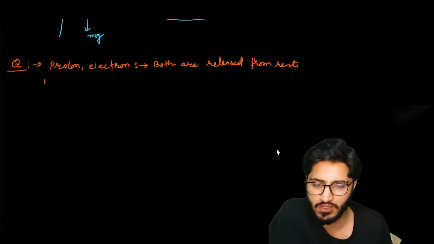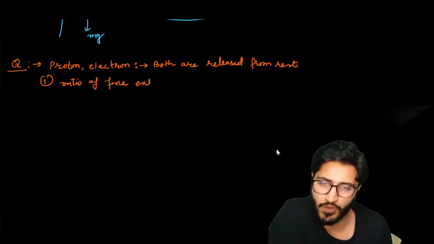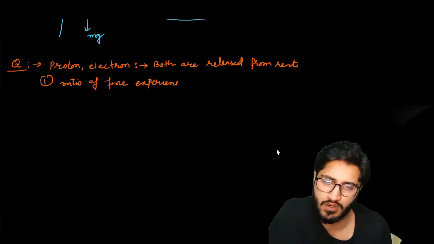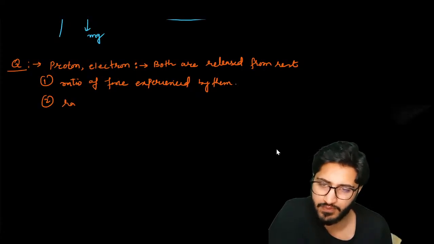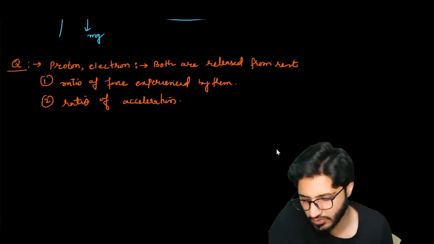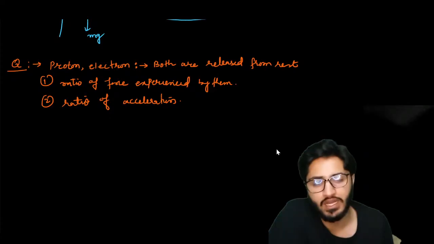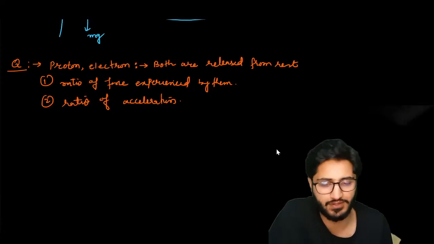First, find the ratio of force experienced by them. Second, the ratio of acceleration. So we need to find the ratio of force experienced by the proton and electron, and the ratio of acceleration.